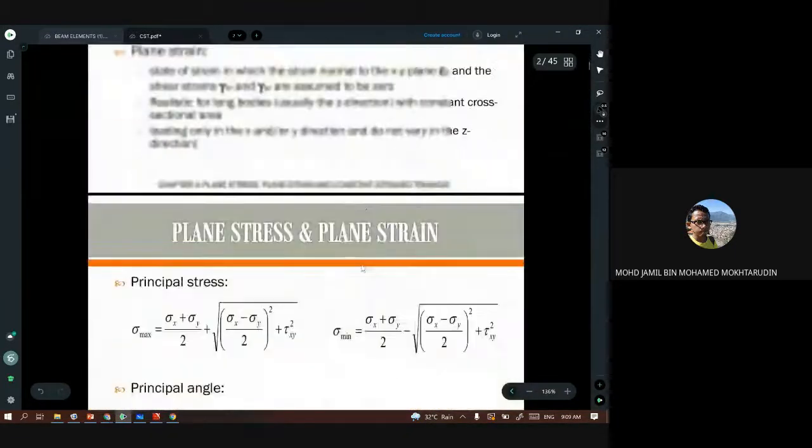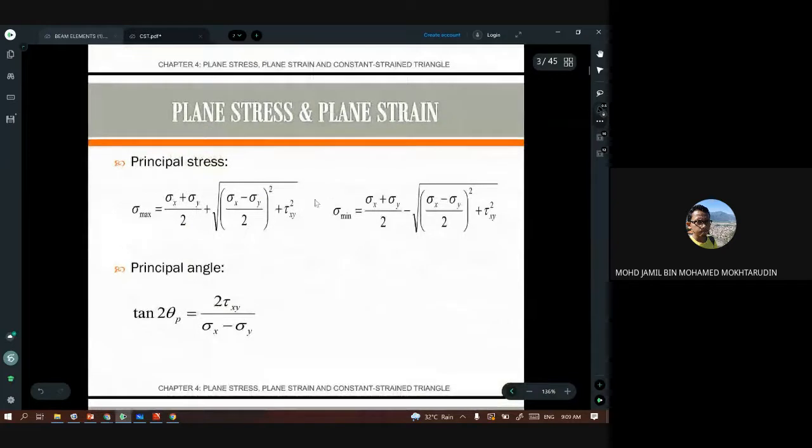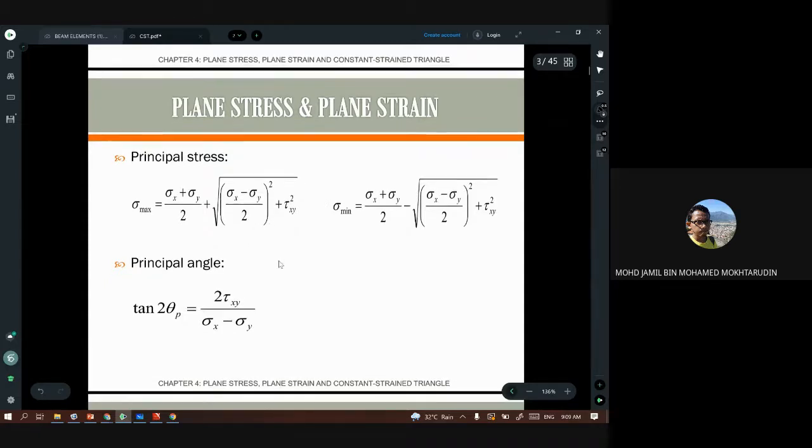The first formulas are these three: principal stress and principal angle. You have seen these formulas already in strength of materials, so I think you remember them.